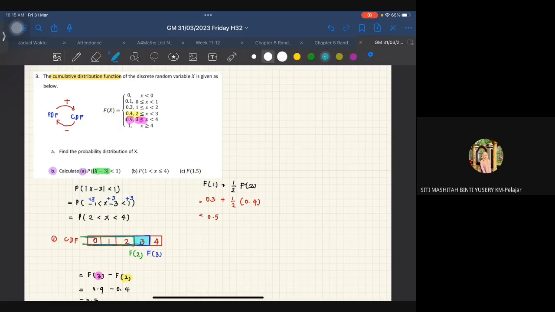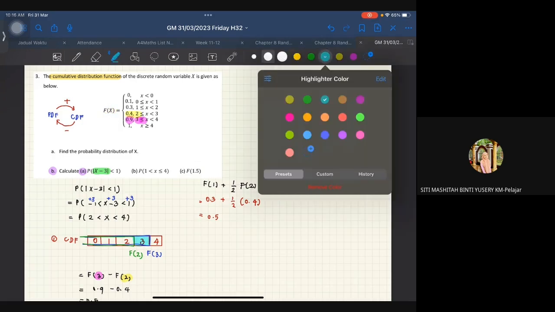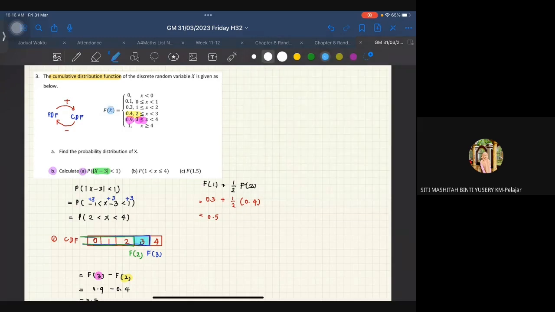Warna apa saya tak pakai lagi? Biru. So this one over here is X and then this one over here is 1.5. Kalau ikutkan, dia hanya menggantikan X di sini dengan 1.5.